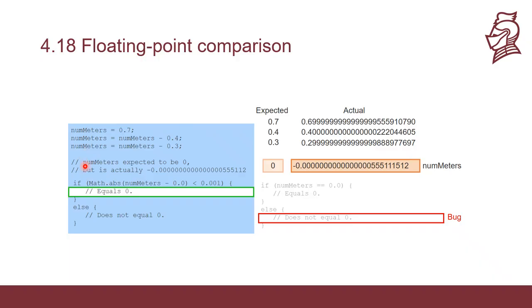In fact, it's not. Because of the way floating point numbers are stored in base 2 inside your computer system, it's not going to be exactly 0, possibly. And in fact, if you do this, it's actually minus 0.0000 and so on, 555112. So this is a very small negative value, right?